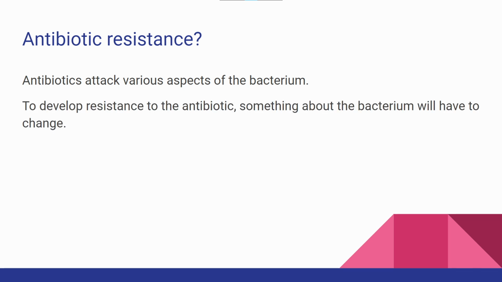To develop resistance to an antibiotic, something about the bacterium will have to change. It is already fully formed and functionally complete because it exists. But something about it will have to change. When you take something that's fully formed and functional like that and you modify it in any meaningful way, odds are it's not going to be better off.